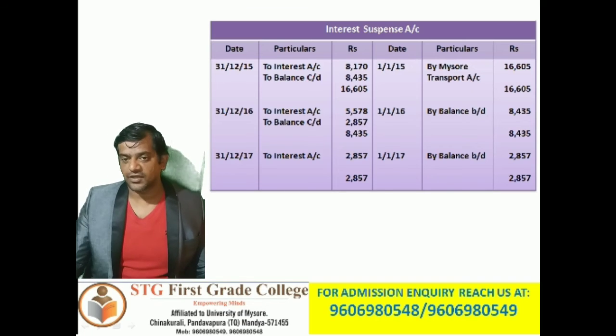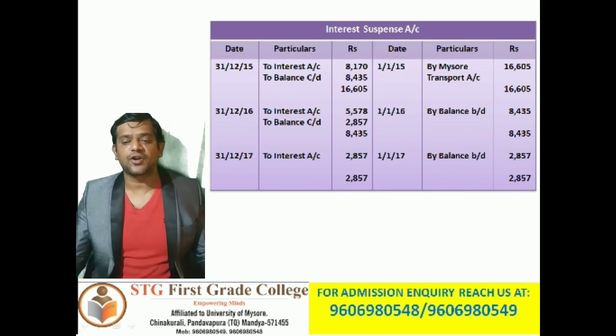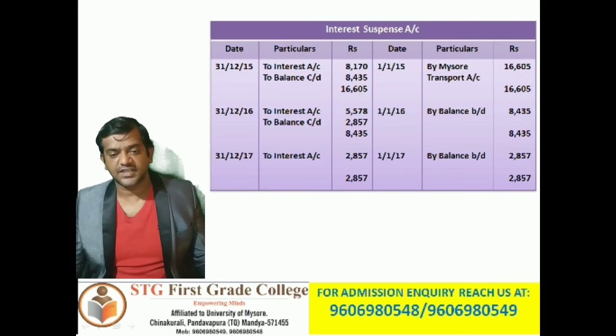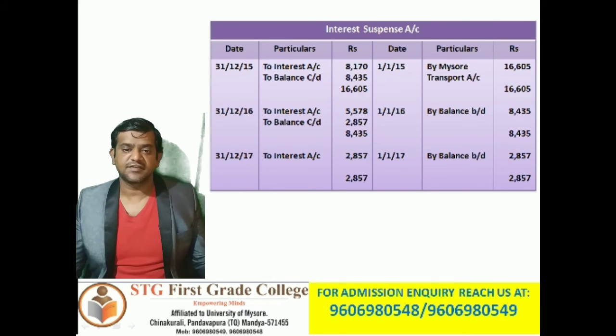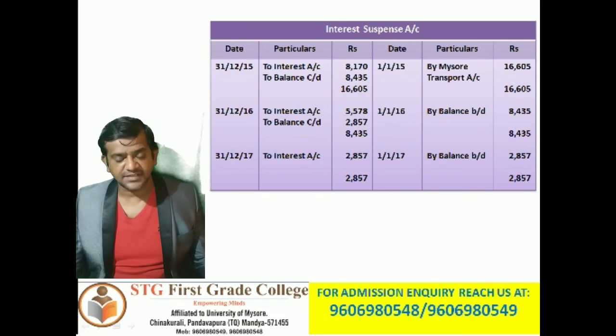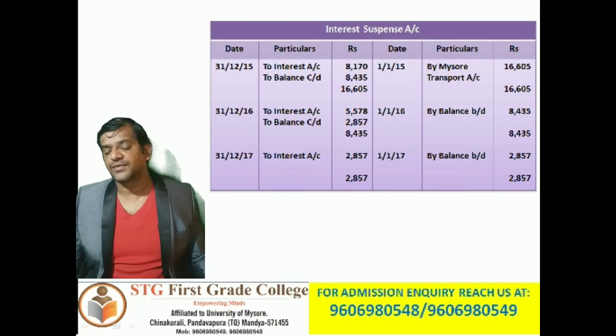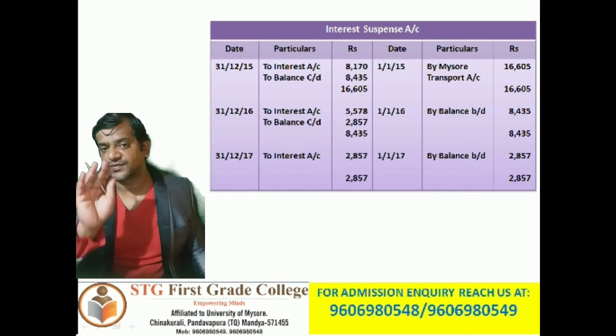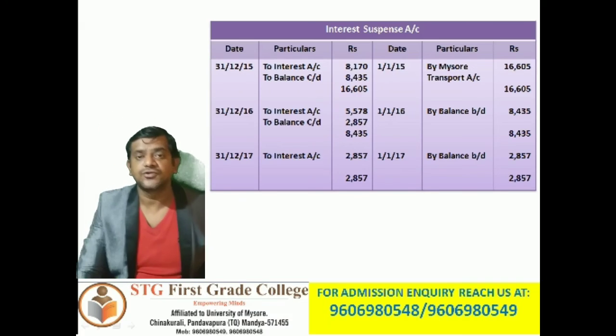Then 1/1/2017 by balance brought down 2,857, and 31/12/2017 to interest account 2,857.